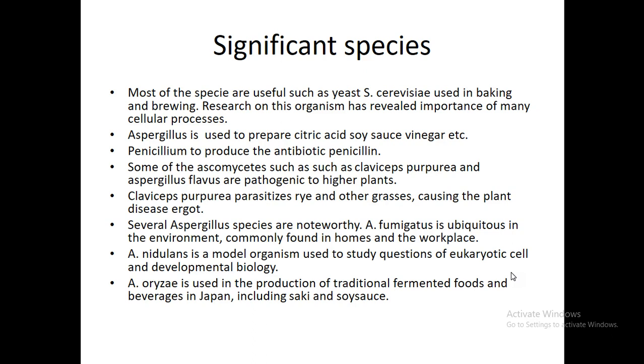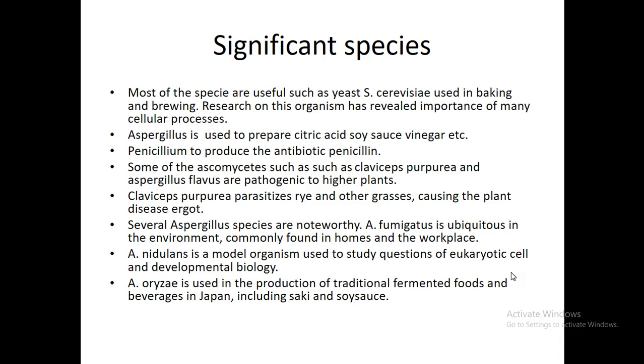The most valuable organism which is an ascomycete is Saccharomyces cerevisiae. It is an important research tool. It is used to study and understand cell division and loss of cell control that occurs in cancerous cells.